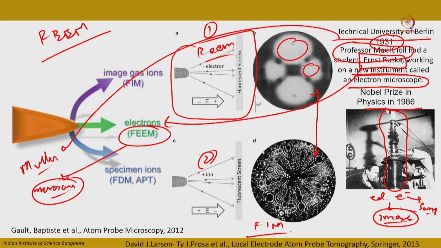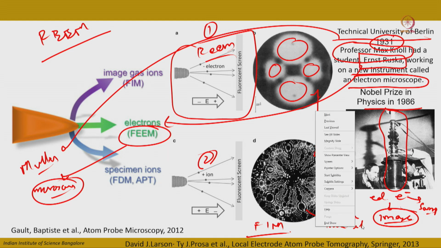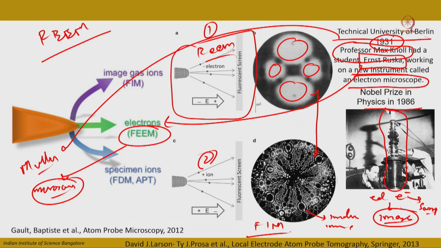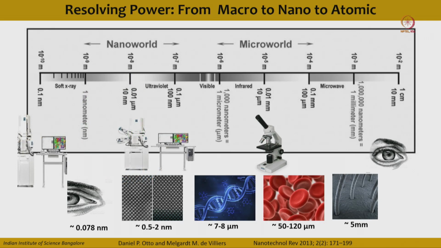Here in the electron image there are bright, diffused spots which correspond to the electrons hitting the screen, but here, due to the ionization of gas atoms, you can actually resolve individual atoms. The bright spots correspond to individual atoms. Fine, so with this basic we will go further towards the microscope.